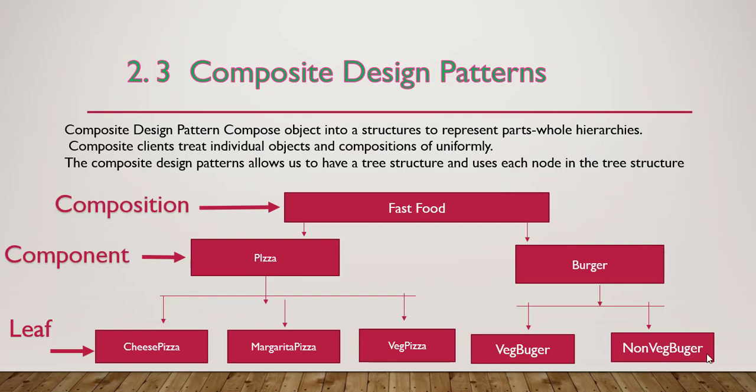Leaf is going to be a class to represent the leaf behavior in the composition. Component is going to be an abstract class or an interface containing the members that will be implemented by all the child objects in the hierarchy. It also implements some of the behavior that is common to all objects in the composition.